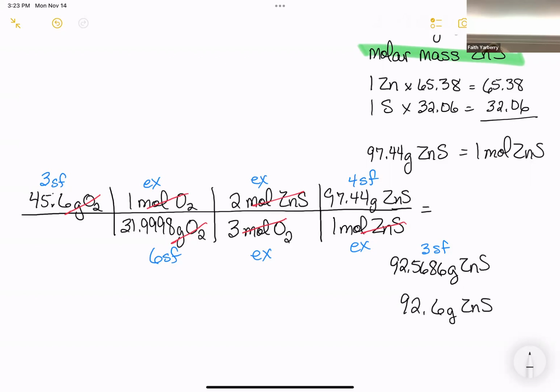On a test, what I normally do is I'll give you an unbalanced reaction separate from the mathematical calculation. And that way, yes, you have to balance some reactions, but your calculation isn't based off of those balanced reactions. So you will have to do both, just separately.